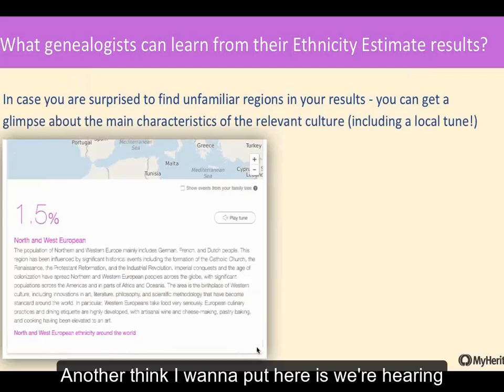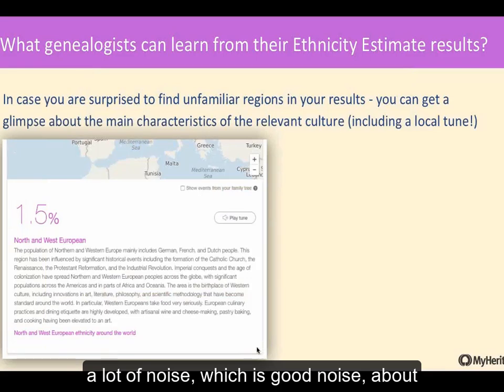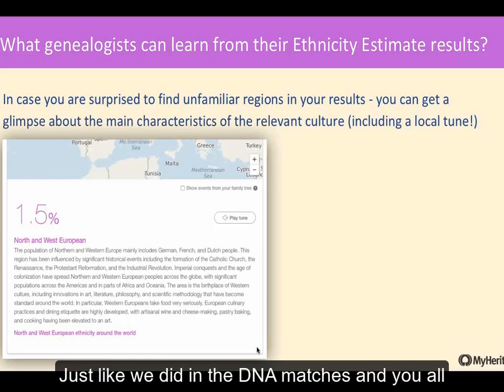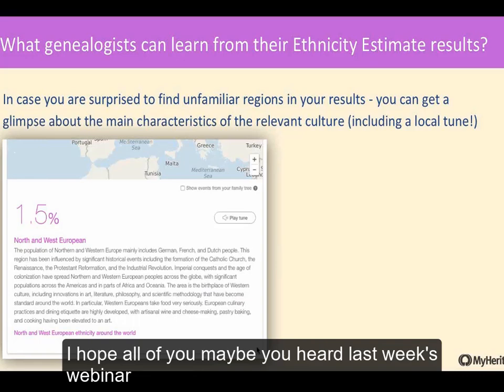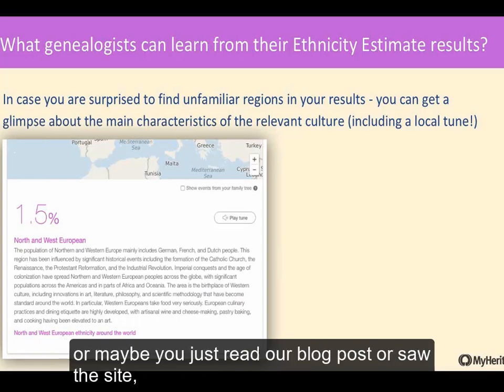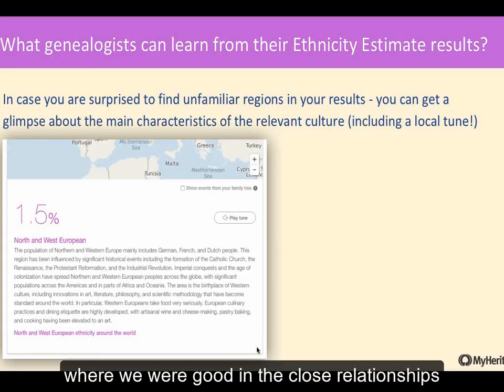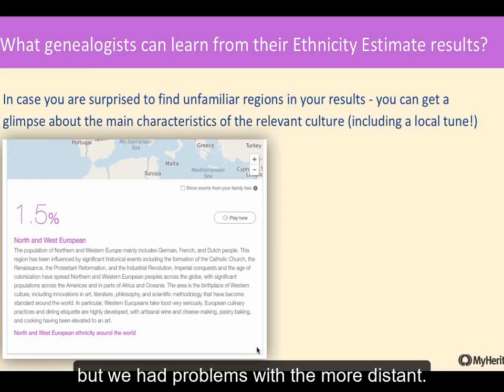Another thing I want to put here is we're hearing a lot of noise, which is good noise, about small percentages. And this is something that I want to make clear. Just like we did in the DNA matches, and I hope all of you maybe heard last week's webinar, or maybe you just read our blog post or saw the site, we did a humongous revamp in the DNA matching pipeline, where we were good in the close relationships, but we had problems with the more distant.